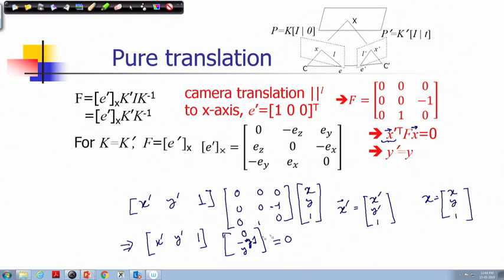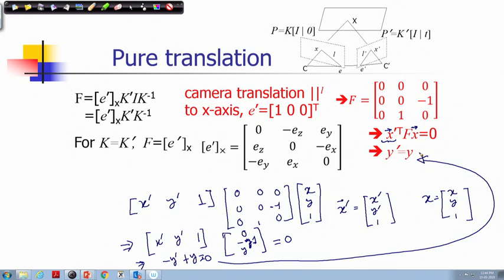So, that is equal to 0. Once again, if I multiply it, it is minus y prime plus y equals 0, and this is the relationship you are getting.